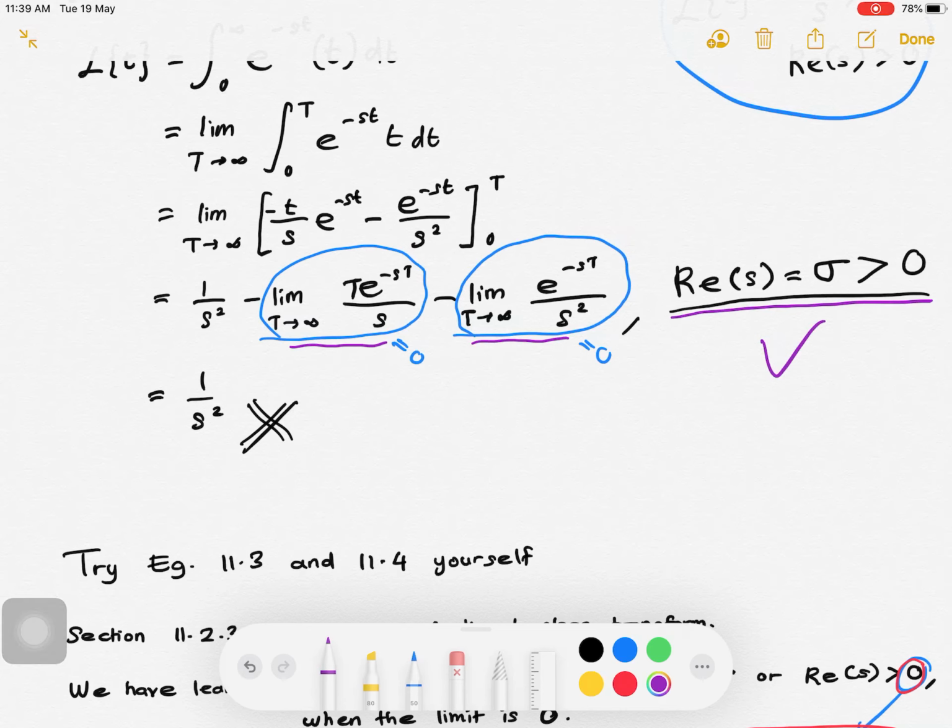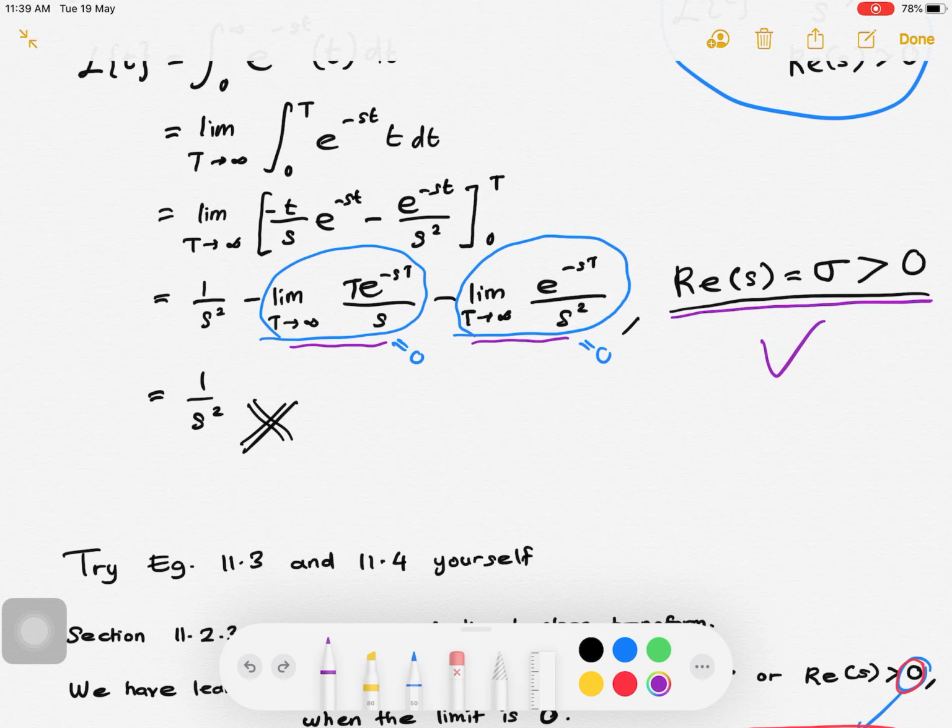Okay, we are still in example 11.2. So I just want to explain a little more about how this component and this component become equal to 0. We need to make sure that this component is not diverging.